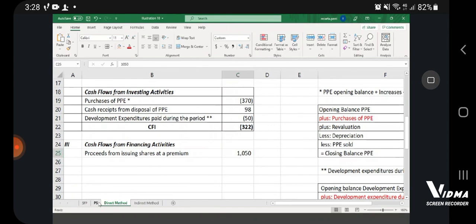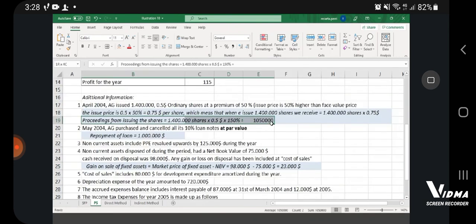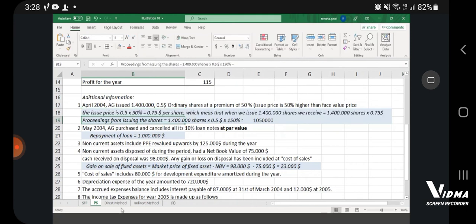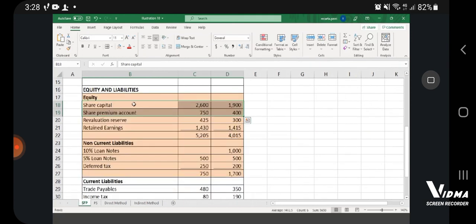Again, we have already made the calculations. If we didn't, we would go back right now about the changes in the share capital and so on.